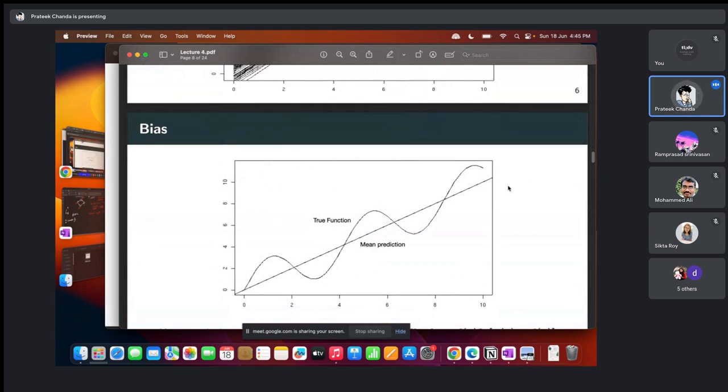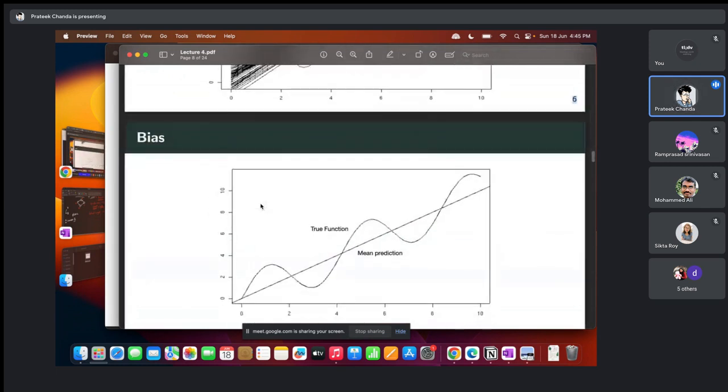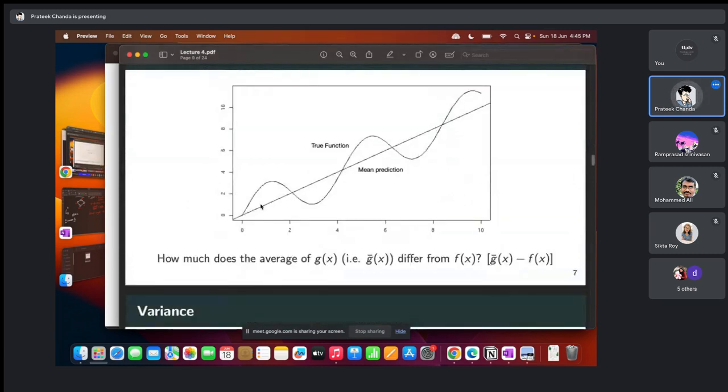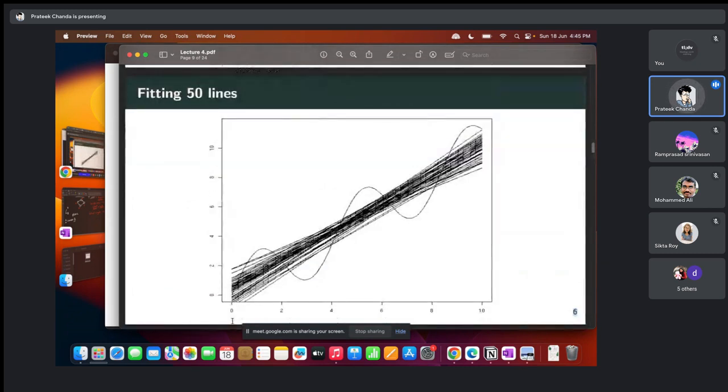The mean prediction line falls somewhere in the middle, and I also have the true function. The notion of bias is how much the average of g(x) differs from the true function. All the 50 lines are represented by g(x).